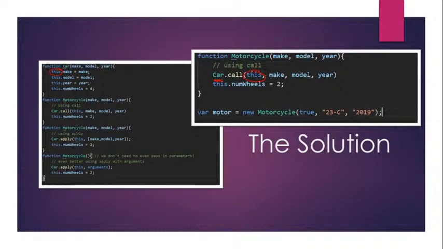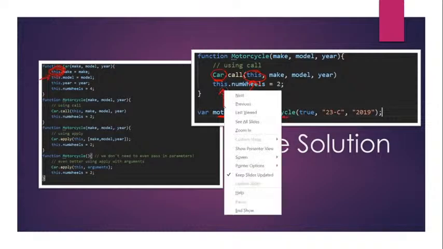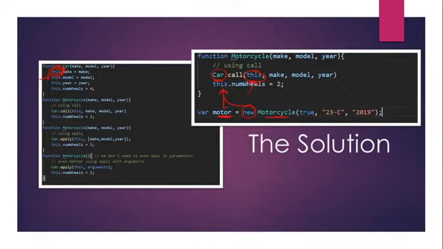You get what I'm talking about? This keyword right here referred to the object that has to be created with the car constructor, but this keyword is going to be a bit different. When we call the motorcycle constructor with a new object that has to be created, the new keyword sets the value of this, used in the motorcycle function, as the new object.